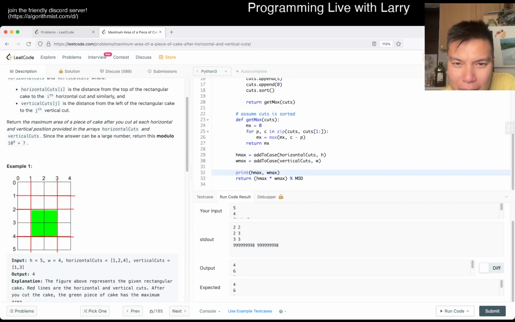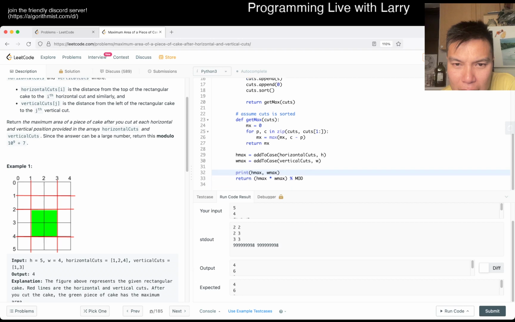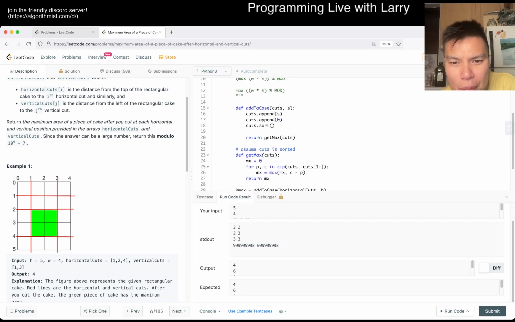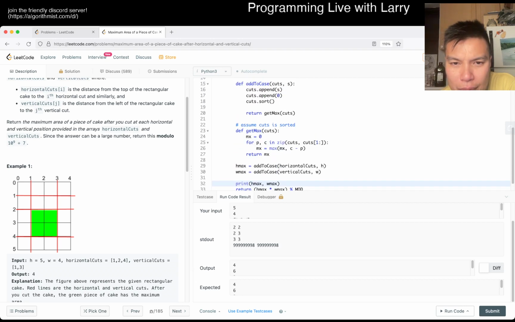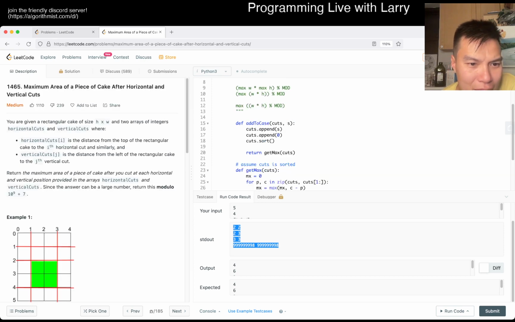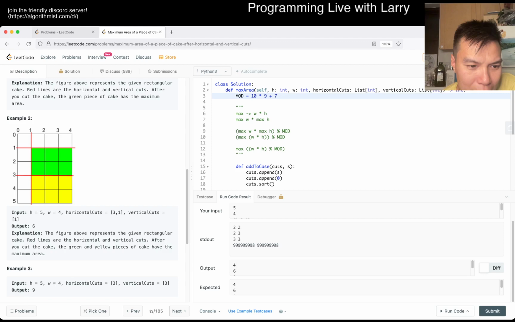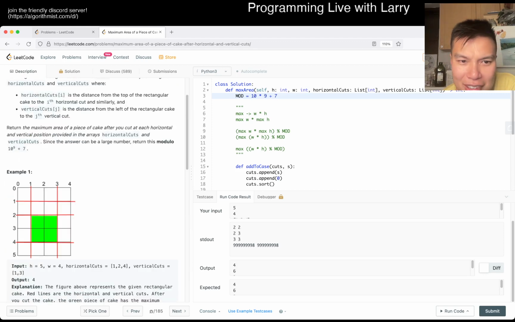It's possible I have typos. I mean, this looks right? Did I mistype the mod? No. Mod 10 to the 9 plus 7? No, that seems right. Huh.